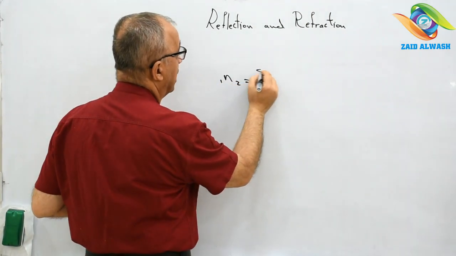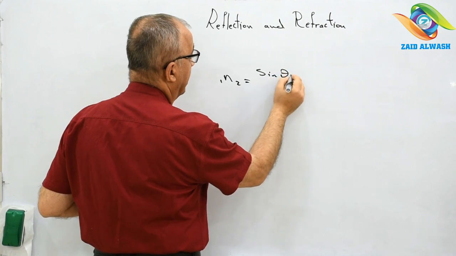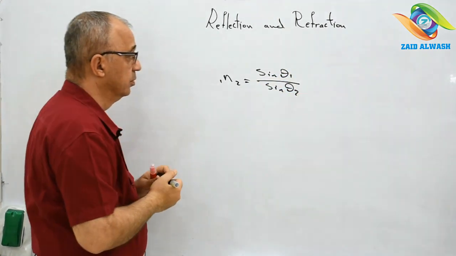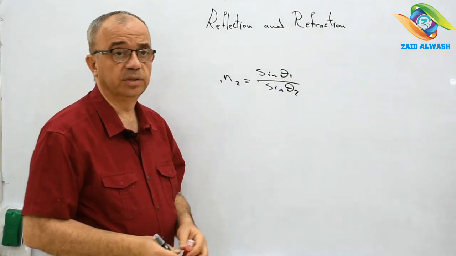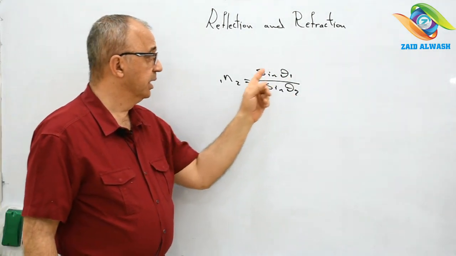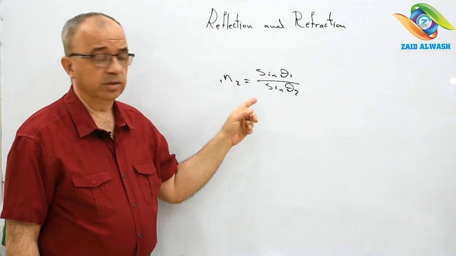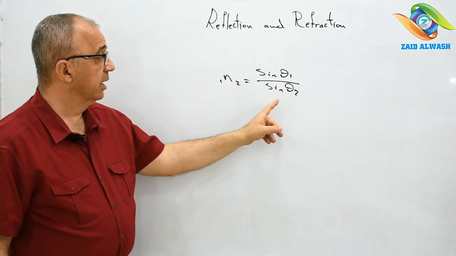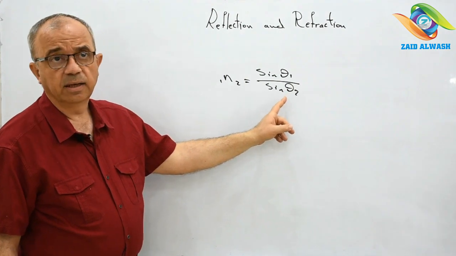It's equal to sine theta 1 to sine theta 2. What about theta 1? Theta 1 is the incident angle. What about theta 2? It is the refracted angle.